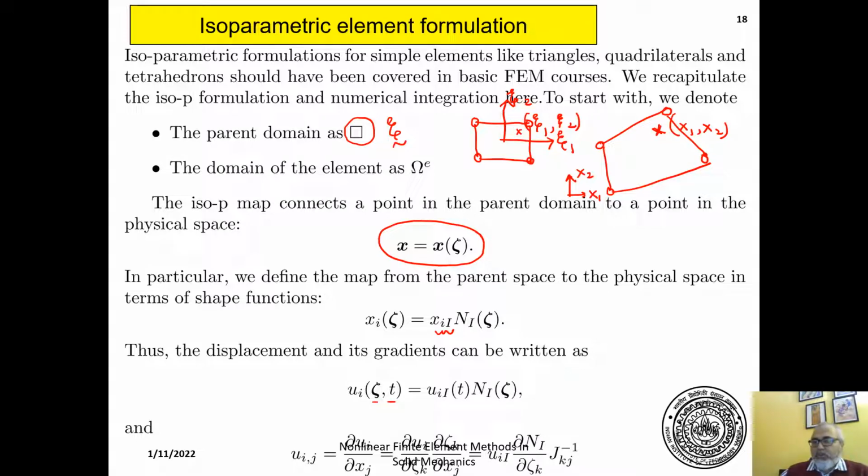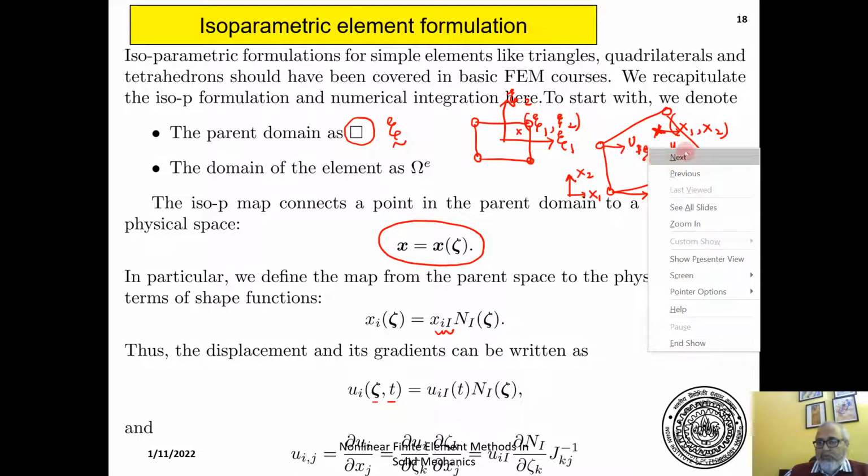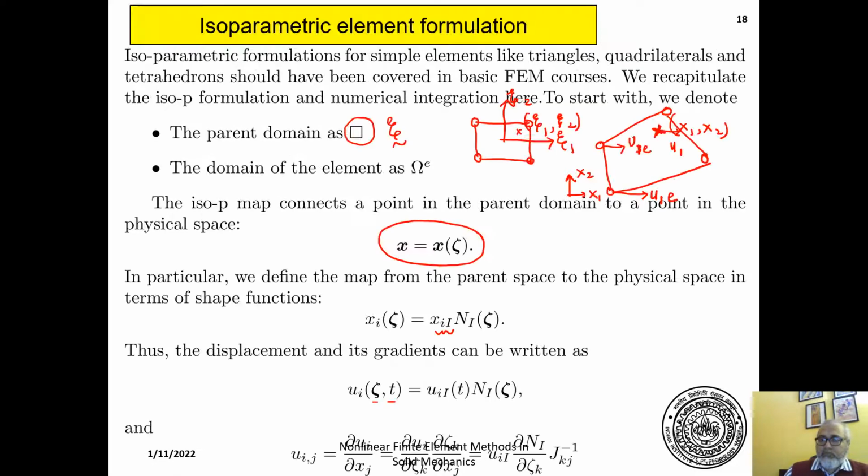So the displacement u1 at this point would be interpolated from the displacements u1^1, u1^2, u1^3, and u1^4, where this is node number 1, node number 2, node number 3, and node number 4.